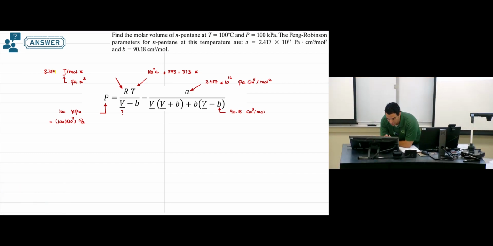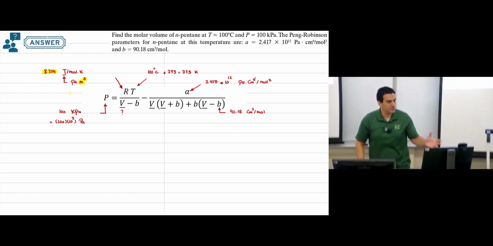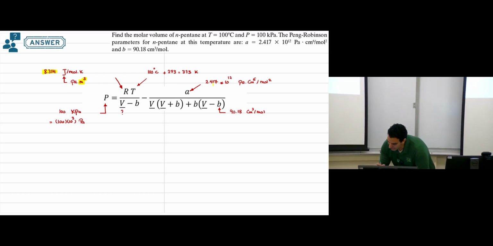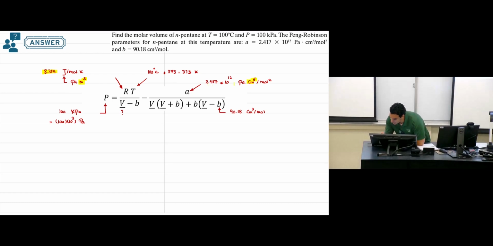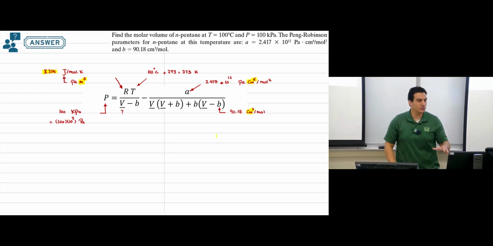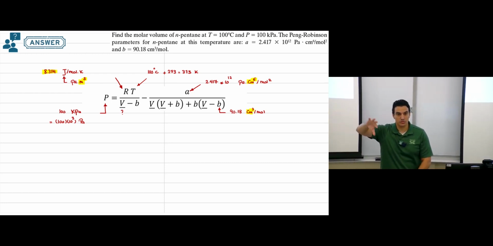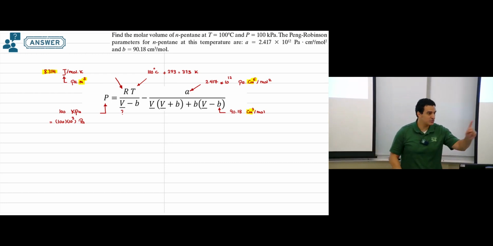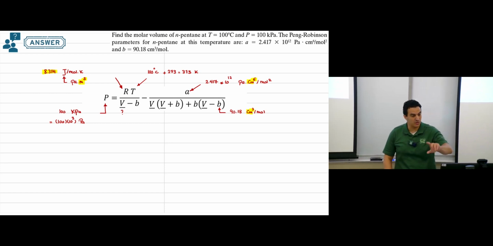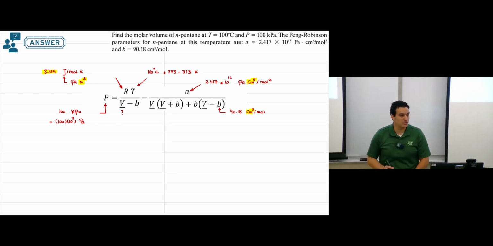If we use R, 8.314, the volume unit in this R is meter cube, right? Because we have joule, SI system. But for the value of A, we have the units in centimeter, and even in B we have centimeter cube. So here we have inconsistency of the units. Either you convert A and B from centimeter to meter, or the easiest, just convert R from Pascal meter cube, which is joule, to Pascal centimeter cube.